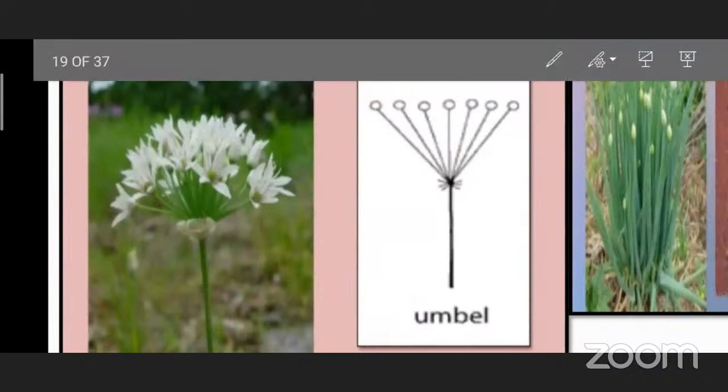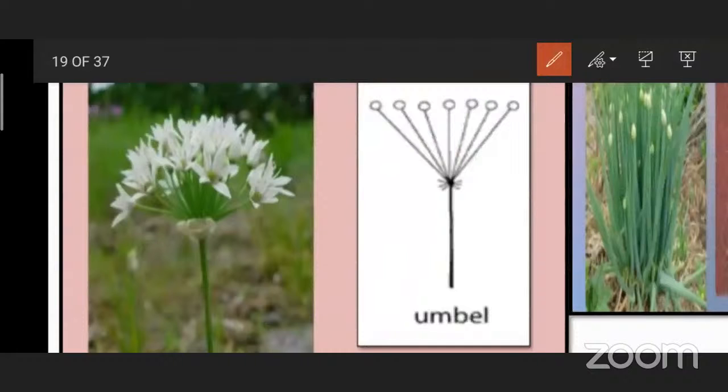See here, the flowers appear to have arisen from the same point of the peduncle, and such a type of inflorescence is known as umbel type. This is the short axis. The flowers are borne at the center of the peduncle, arising from the pedicellate flowers.